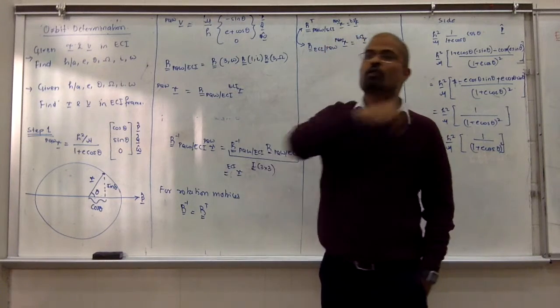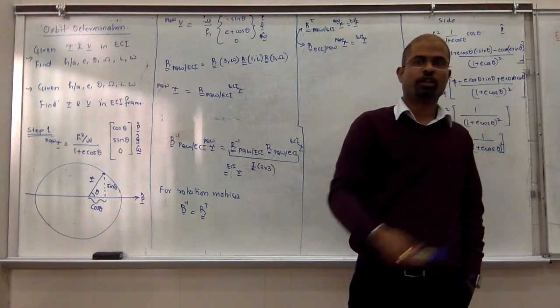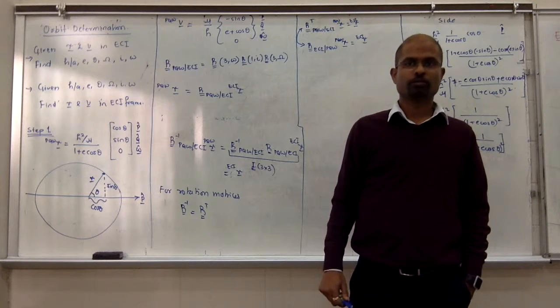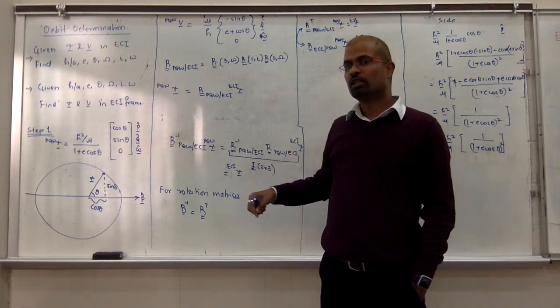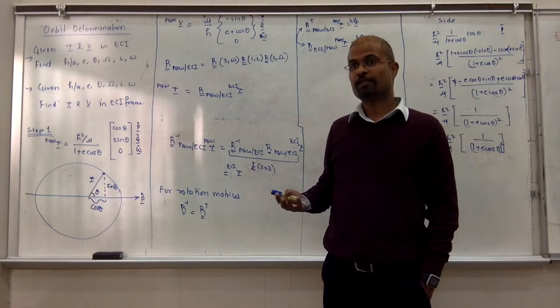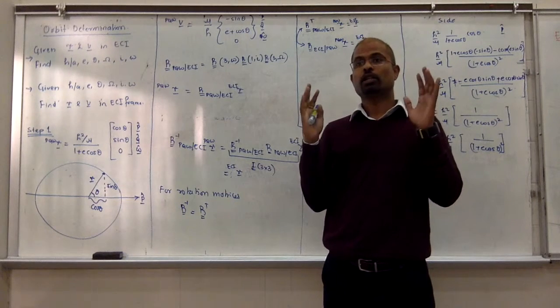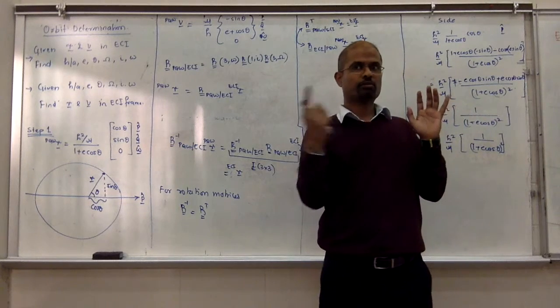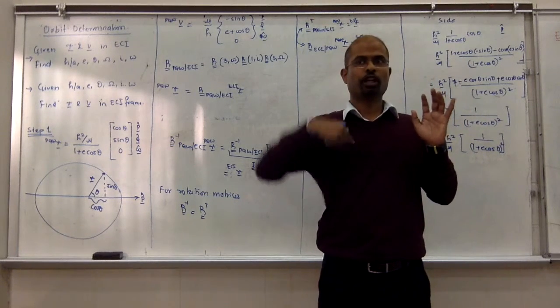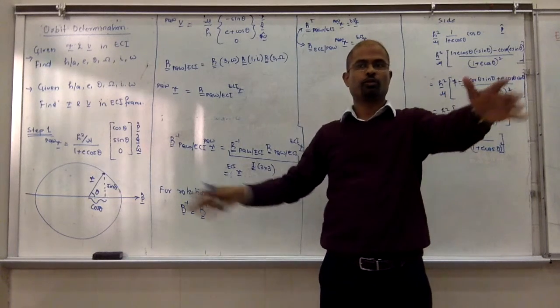This transforms the coordinates. Got it? Now here it happens that ECI is earth frame, in the sense you're standing on the earth or in the core of the earth and seeing things. Got it? Your head is pointing this way.